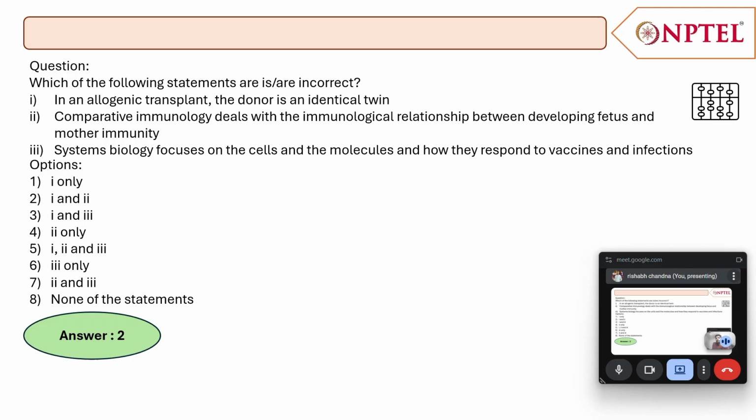That means first and second are incorrect. So, in an allogenic transplant, the donor is an identical twin. No. In an allogenic transplant, the donor is actually a person who is not related.